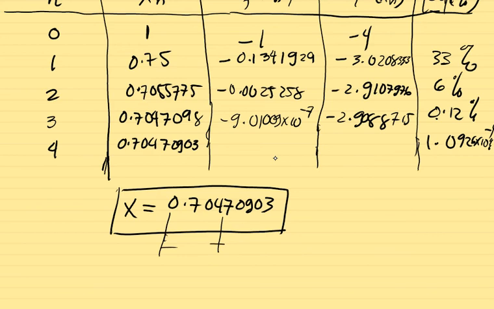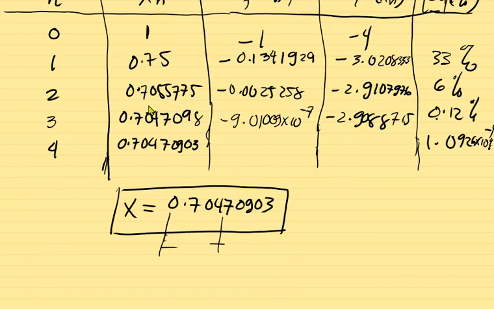Now, the Newton-Raphson method is a very accurate method because every iteration here, the true error is approximately equal to the square of the previous iteration's error. So it doubles. So here, actually, we can stop at the second iteration, or n equals 2.